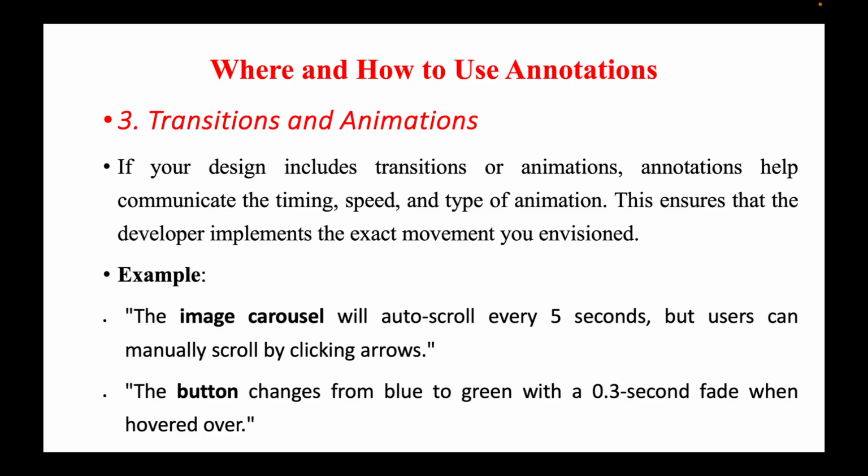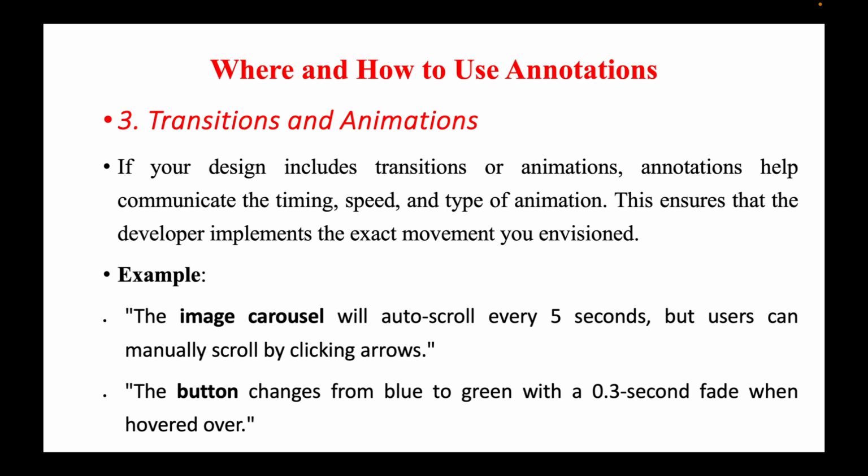Three, transitions and animations. If your design includes transitions or animations, annotations help communicate the timing, speed, and type of animation. This ensures that the developer implements the exact movement you envisioned.